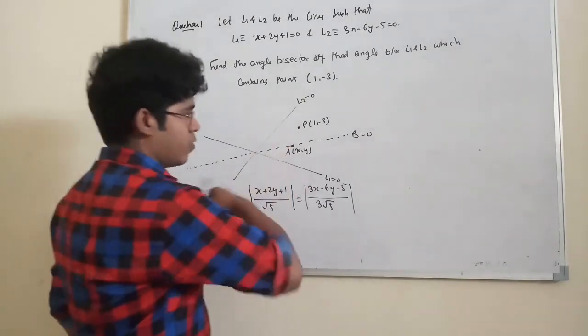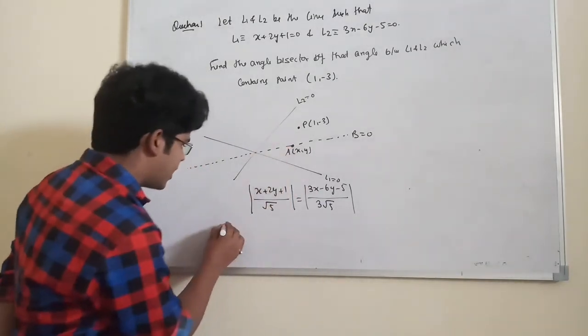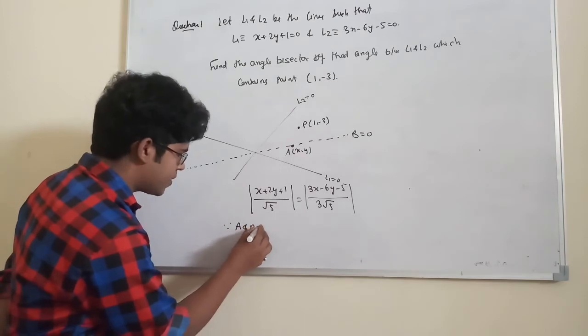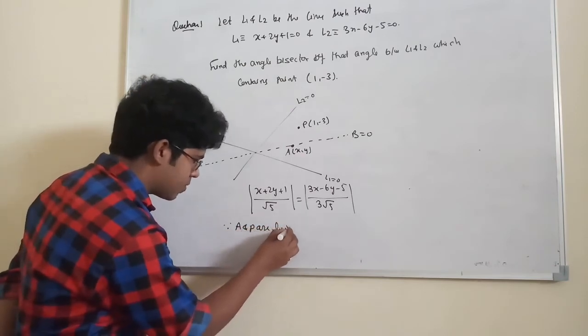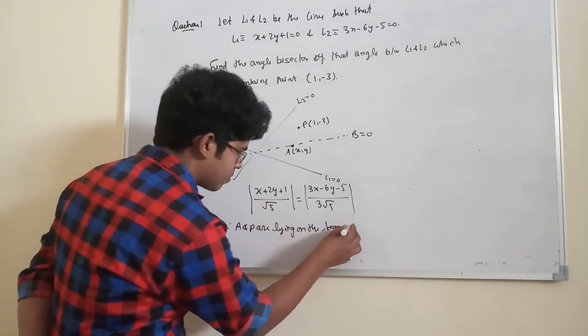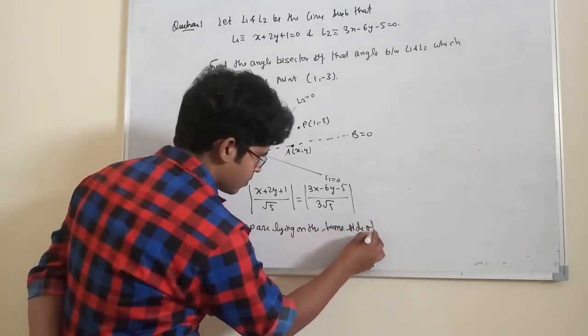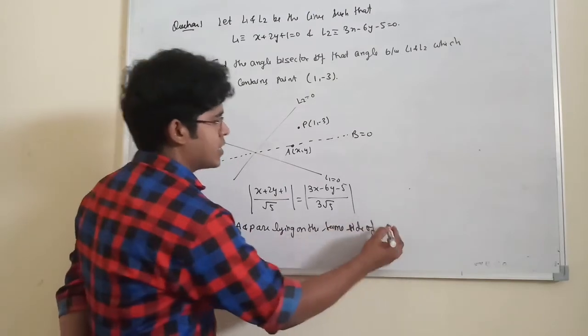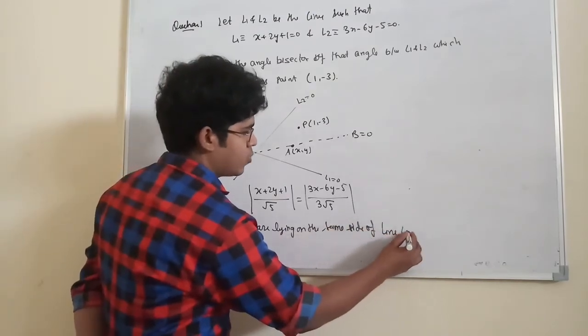We can say that A and P are lying on the same side of line L2 is equal to 0.